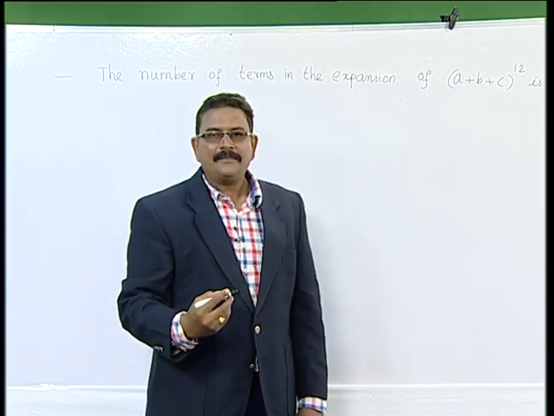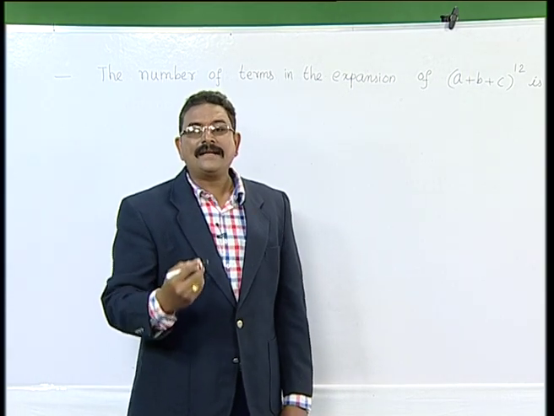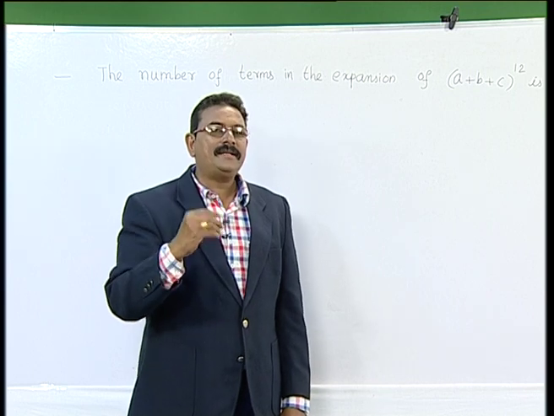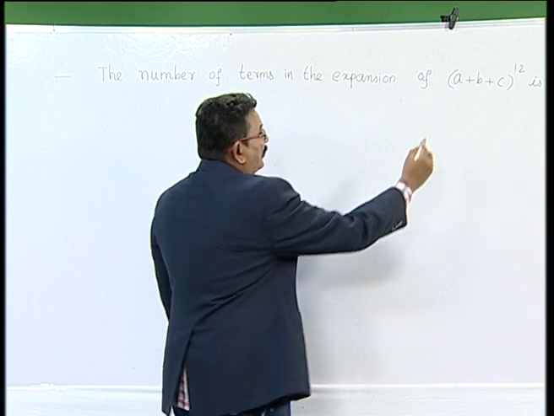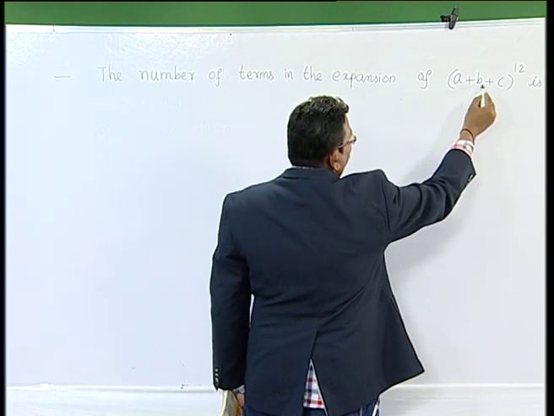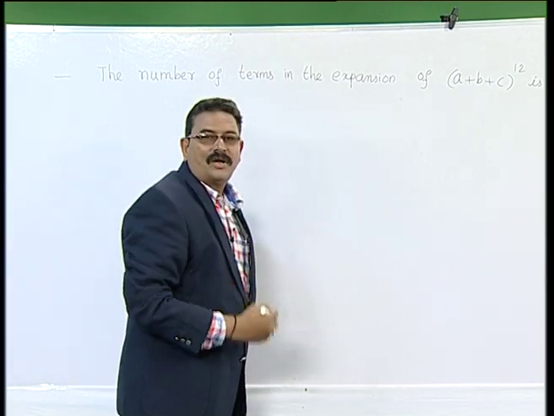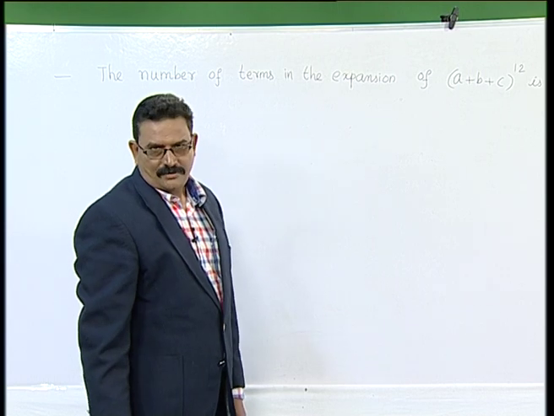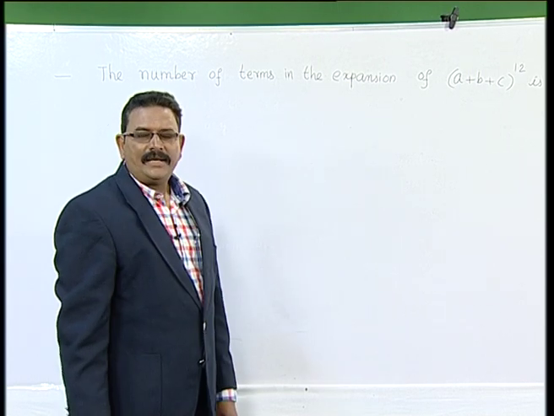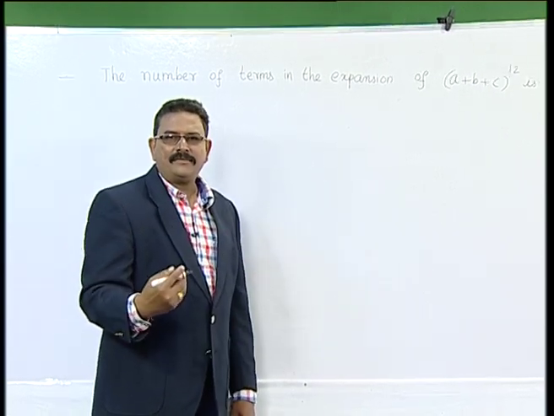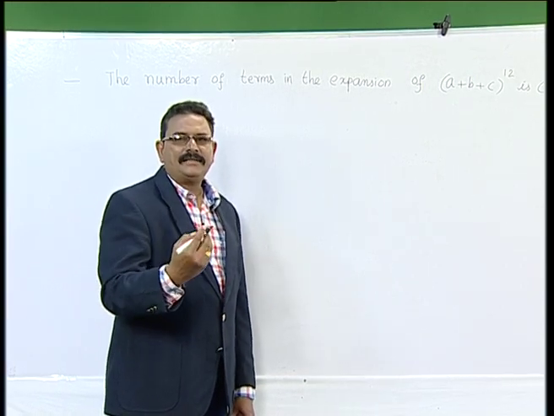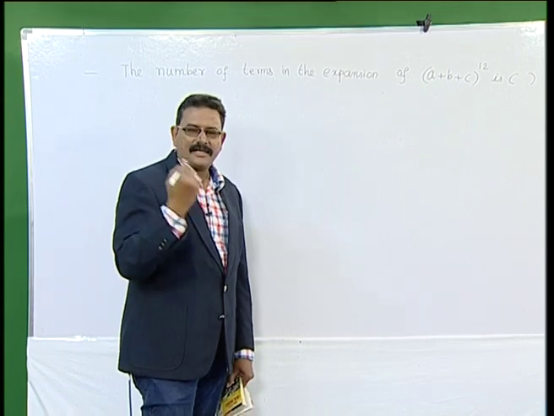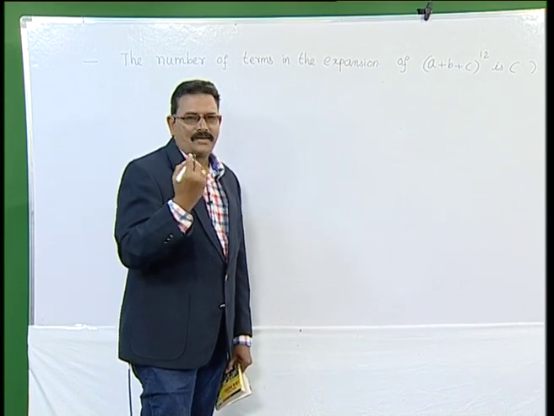The number of terms of (x plus y) to the power of n is very simple, that is n plus 1. But here, not x plus y, we have 3 terms. So how do we find the number of terms? We can generalize it by using patterns. So let us write the easy approach, the easy method, the formula.